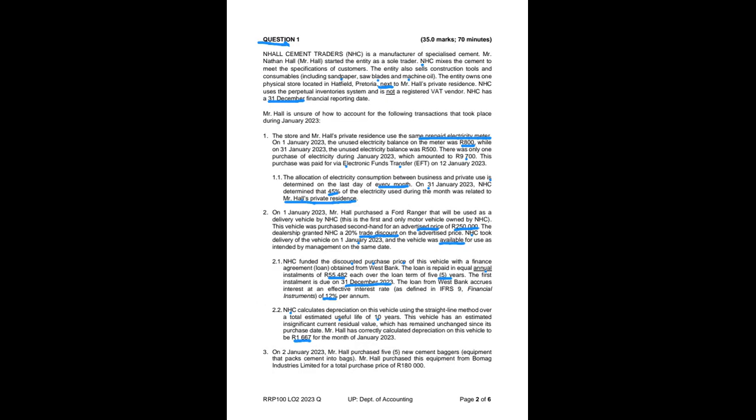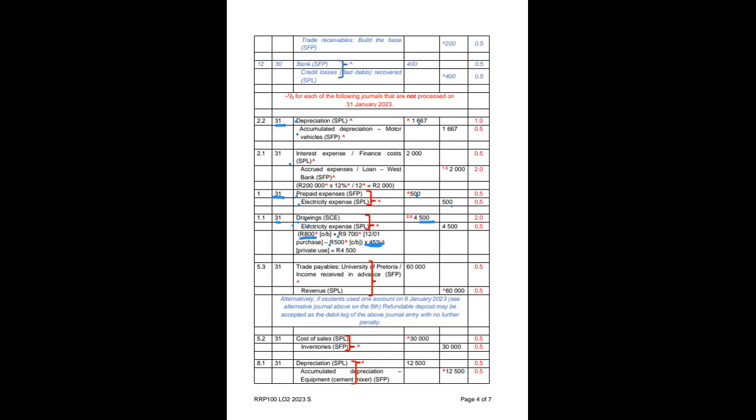The thing that people missed was in the question, implicitly, they were telling us that we have a new liability, right? So if you read point 2.1, the last sentence there tells us that our loan accrues interest at 12% per annum. So we had to record the interest on the loan, you see.